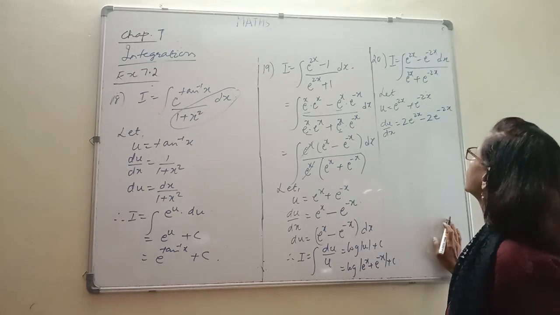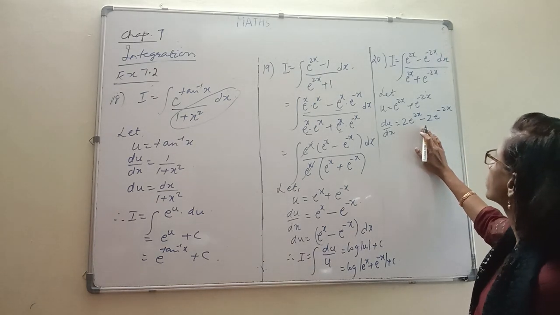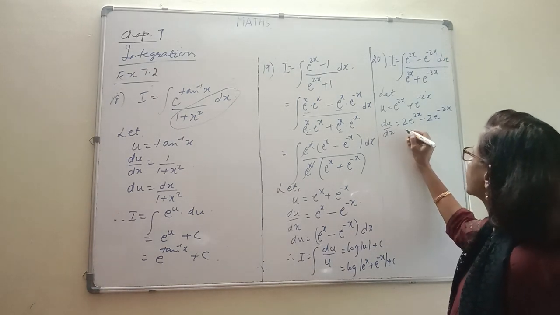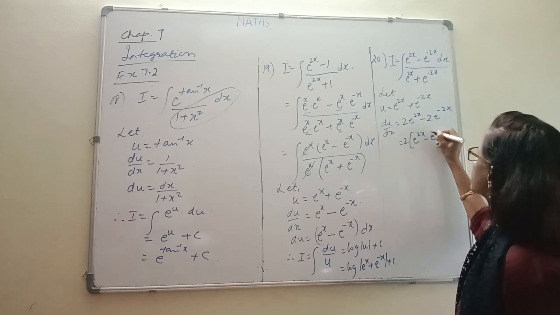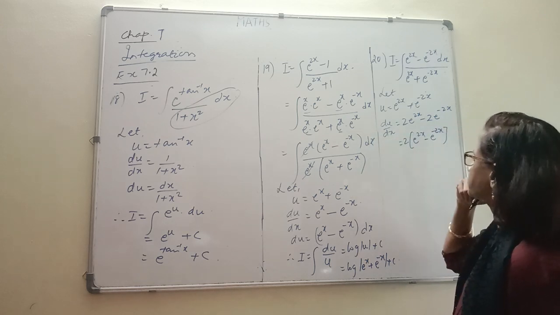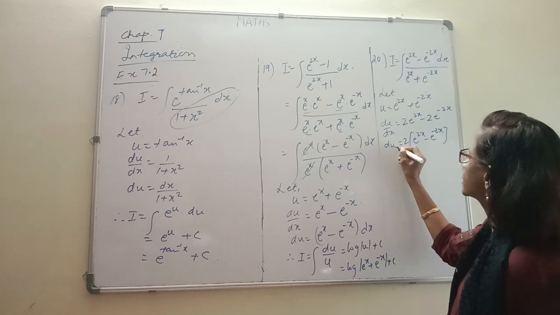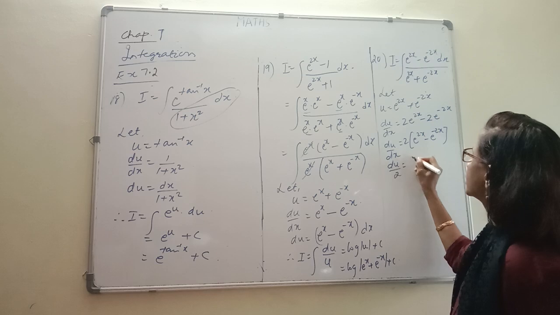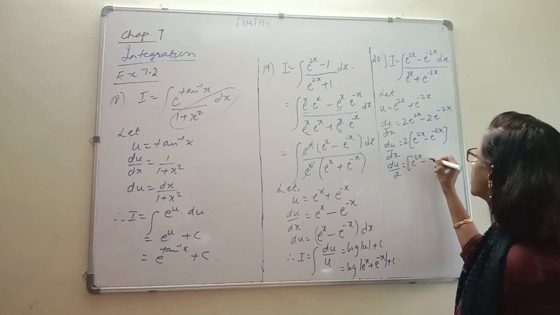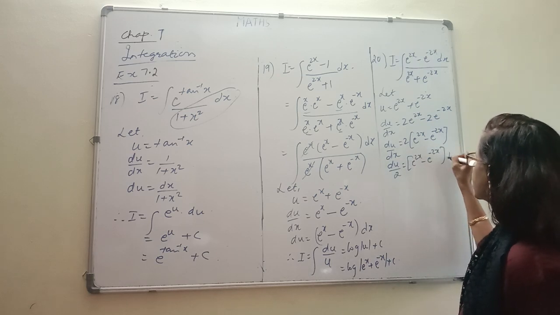Okay, but we only require e raised to 2x minus e raised to minus 2x. So we'll do one thing. There is a 2 common. Let's take it out: 2 times e raised to 2x minus e raised to minus 2x. This is du over dx, but you require this actually. So let's take the 2 on the other side. It's e raised to 2x minus e raised to minus 2x dx equals du over 2.